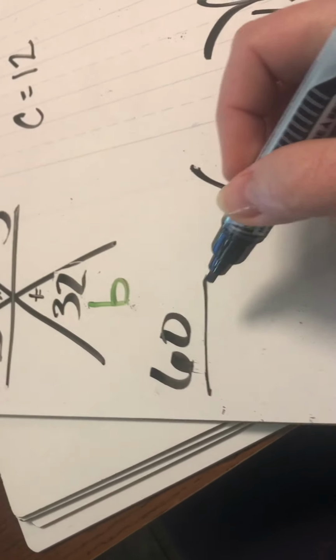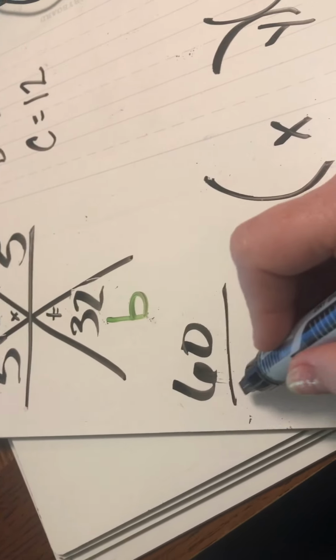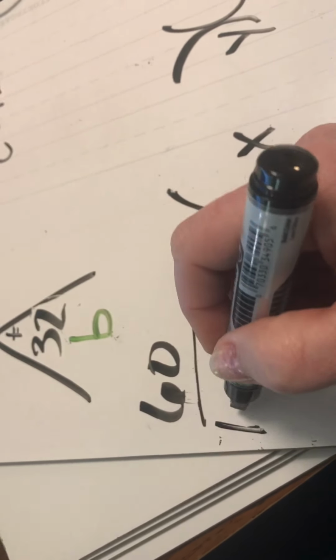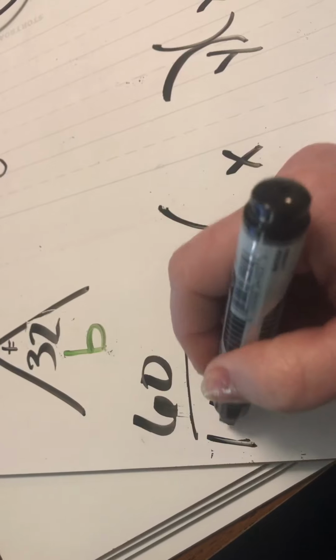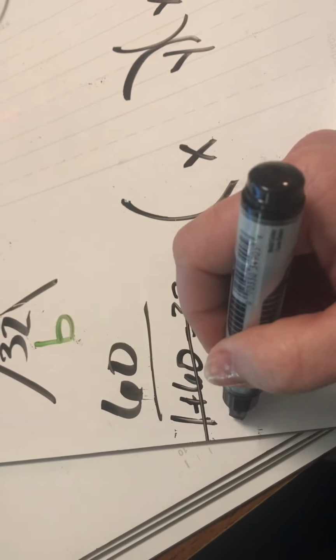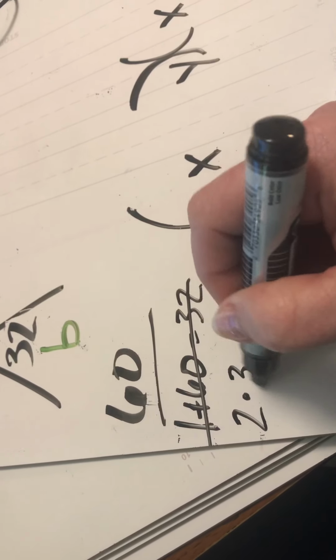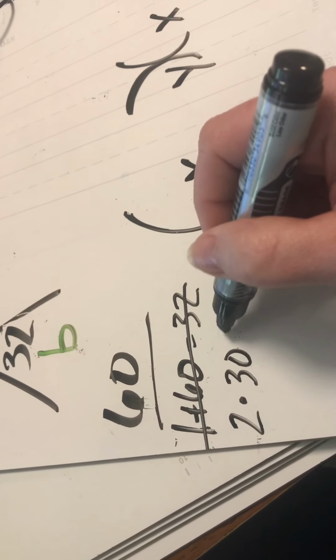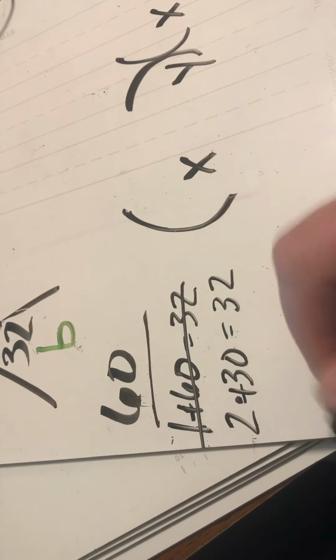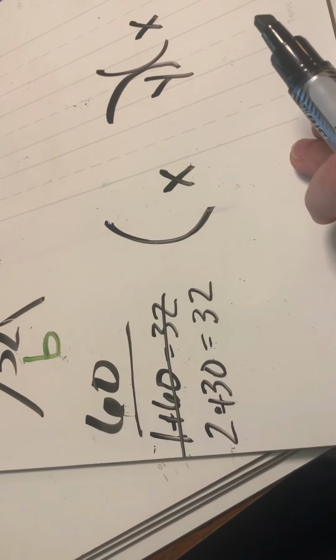So this is going to be times to give me this and add to give me this number. So 60. My factors of 60 are 1 times 60 is 60. But 1 plus 60, does that equal 32? No. Then we've got 2 times 30. Does that add to give me 32? Well, looky there. There are my factors. Those work.